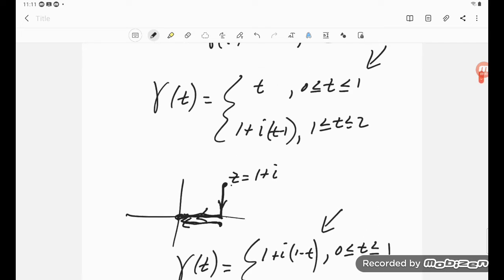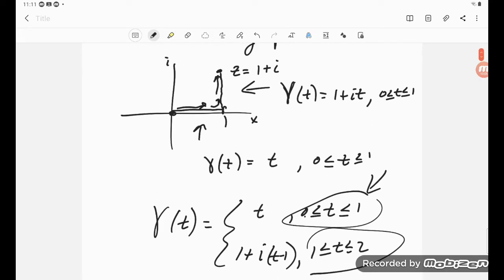Now in the end, if I'm doing practical stuff, I'm probably not going to work this hard at coming up with an interval a to b, from 0 to 2 like that. If I'm just working on something and I need to use the path, I'll probably just start over.